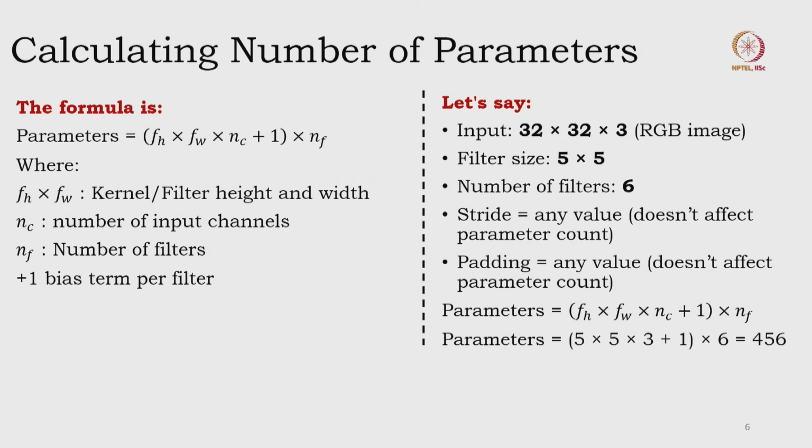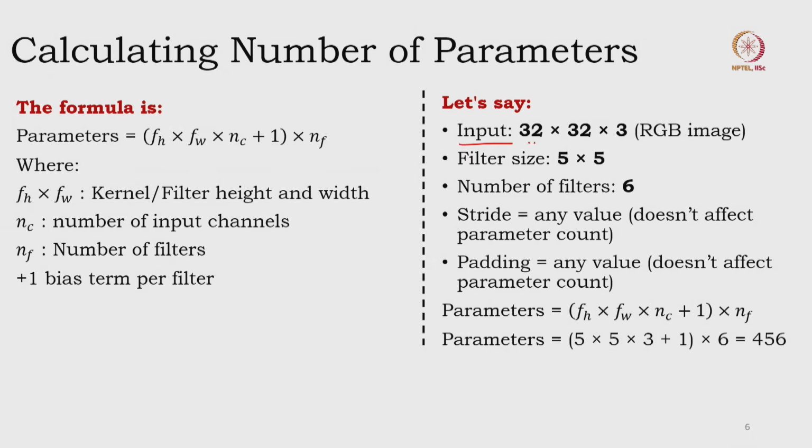Now, let us understand how many parameters there are to perform this particular operation. What operation? The convolution operation, and then you pass it to ReLU. So, how many total parameters are required in performing this operation?